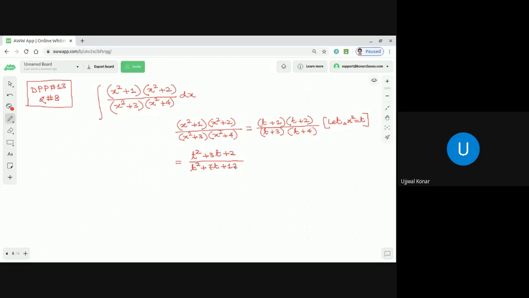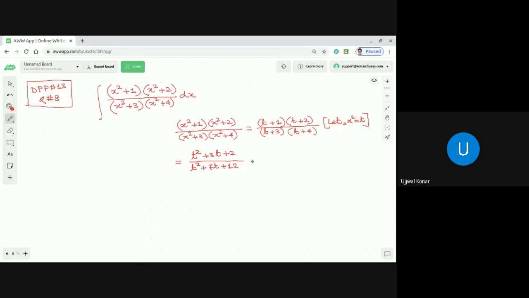Clear or not clear, dear students? So now we see the numerator is a quadratic polynomial, the denominator is a quadratic polynomial, so we should divide. I'm not spending time on the division because this is not an algebraic division discussion.